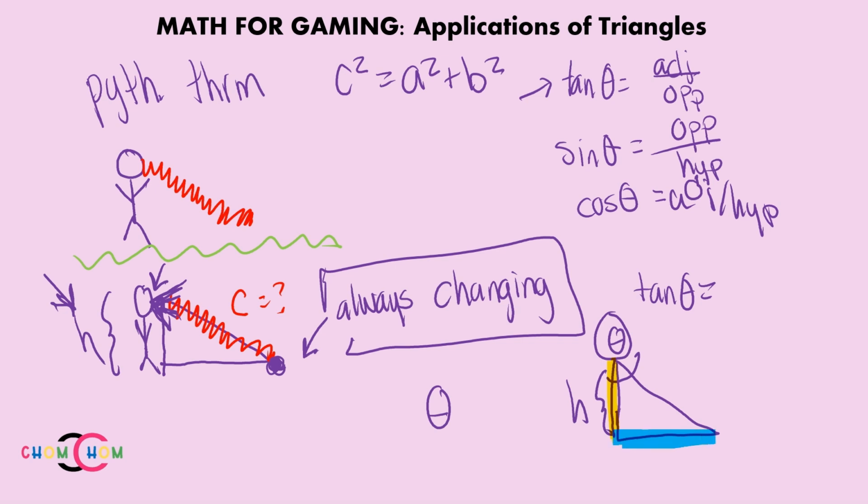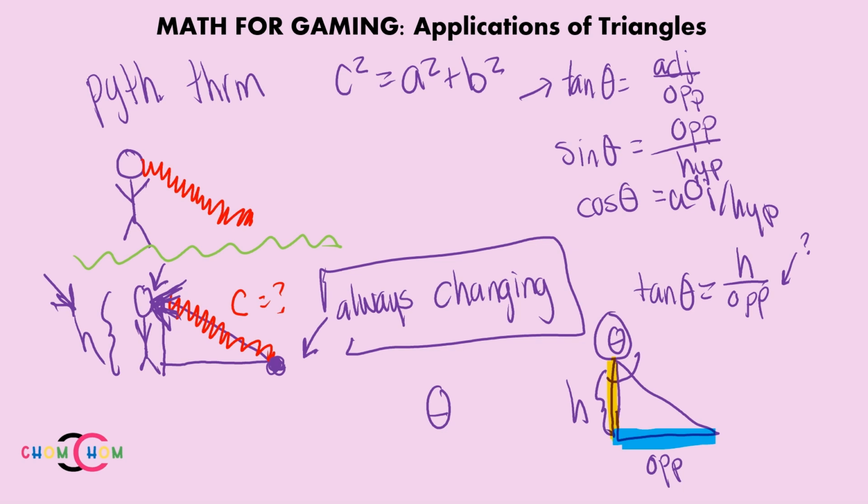So this is going to be our unknown, that is our opposite side. So we have h over opp, and then we have our equation to solve. This is our unknown.